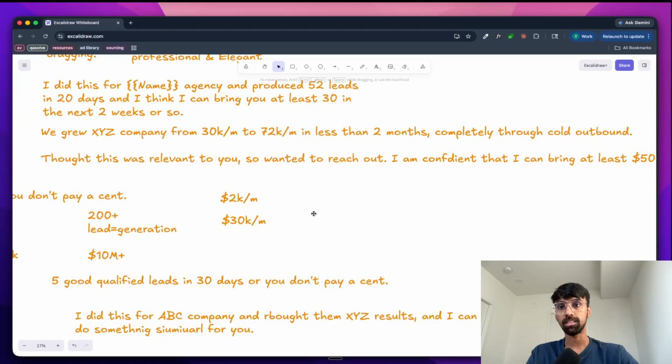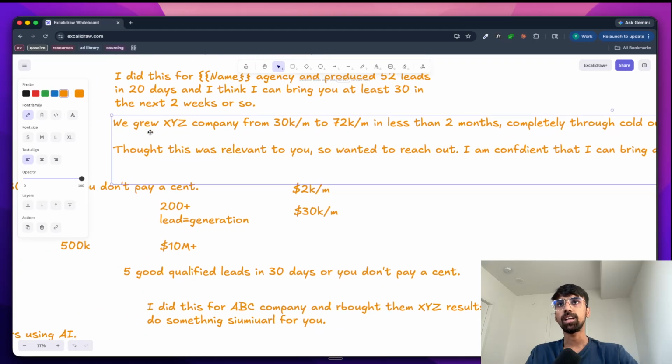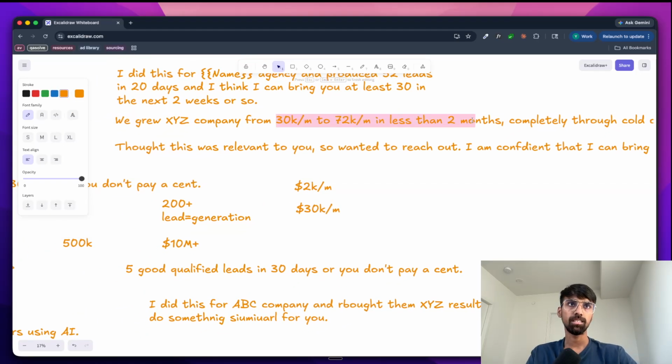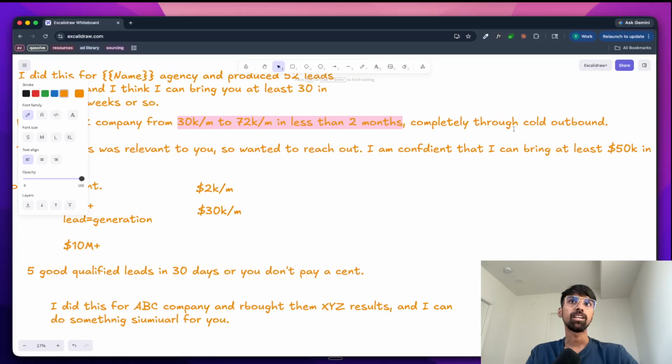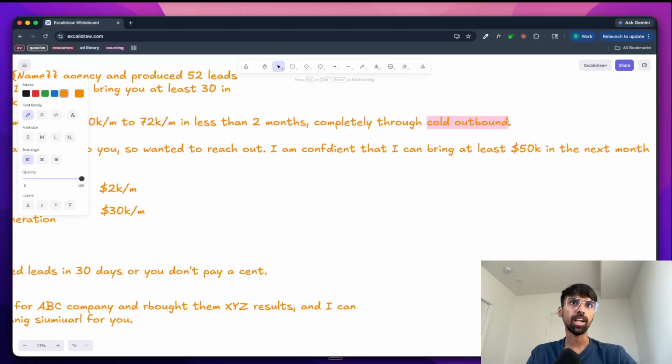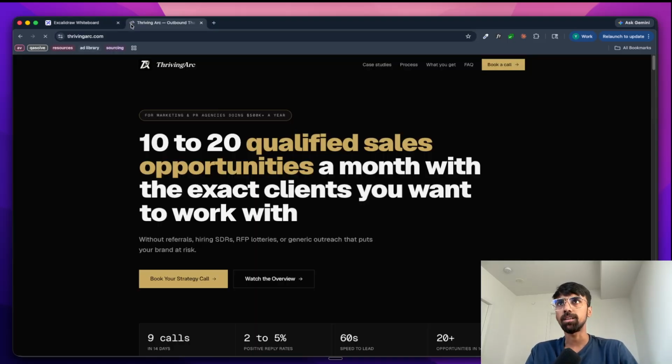If you look at the entire thing here, we have a good case study with a timeline. We have a unique mechanism, and obviously you can modify cold outbound to have other names, like anything else that you're telling your prospect. Considering that you have a good website already built.